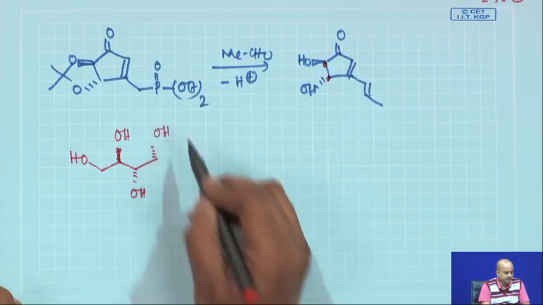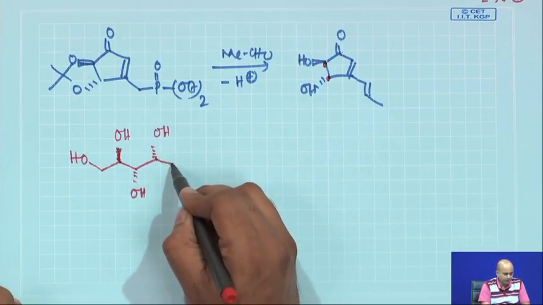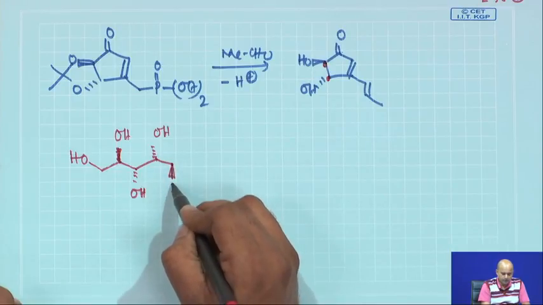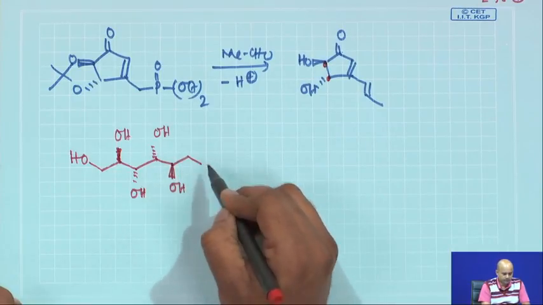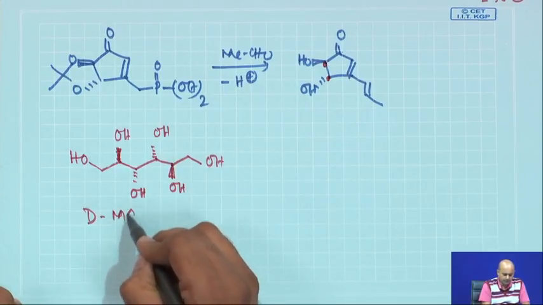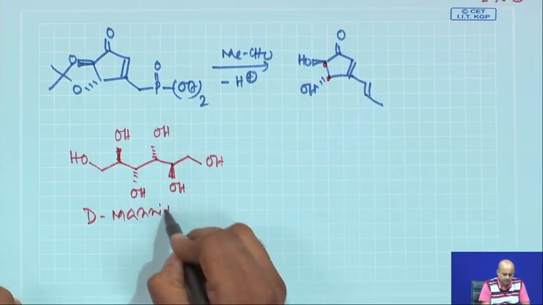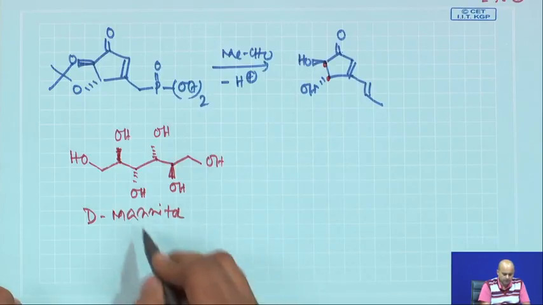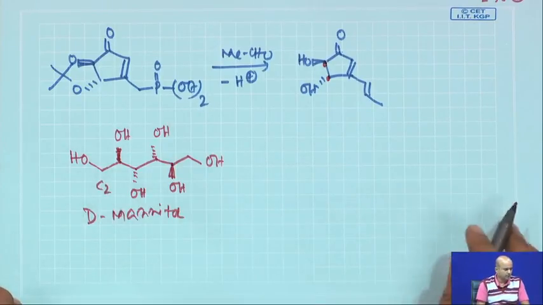A carbohydrate derived compound, which is also a very good chiral pool agent, is this compound. It is commercially available. Its name is D-mannitol. Now, D-mannitol is again a C2 symmetric molecule.